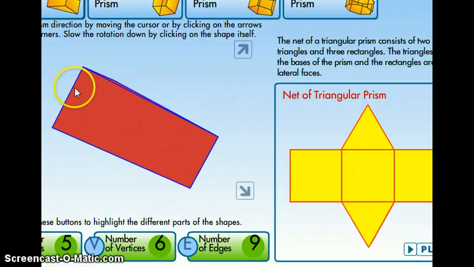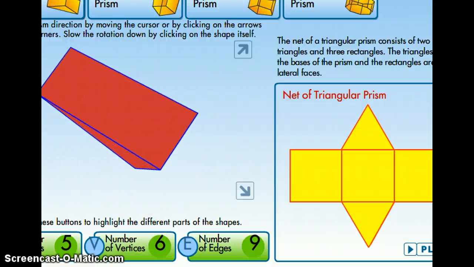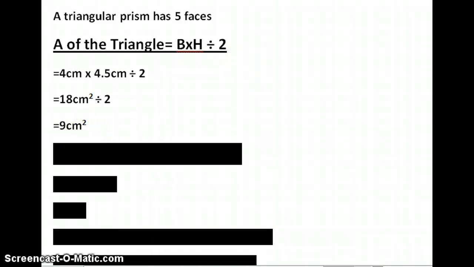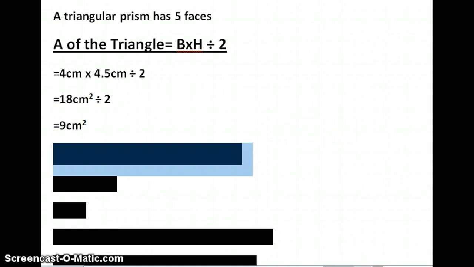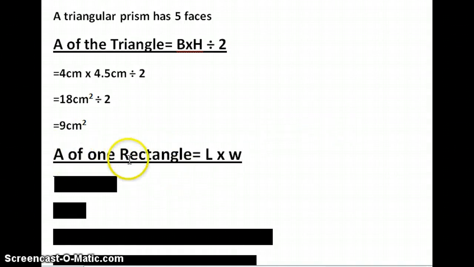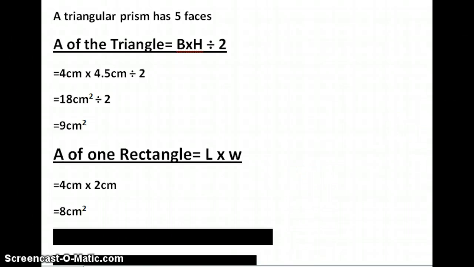The area of one rectangle is length times width. The width is 2 centimeters. So we have 4 centimeters multiplied by 2 centimeters. So 4 times 2 gives us 8. Centimeters times centimeters gives us centimeters squared.